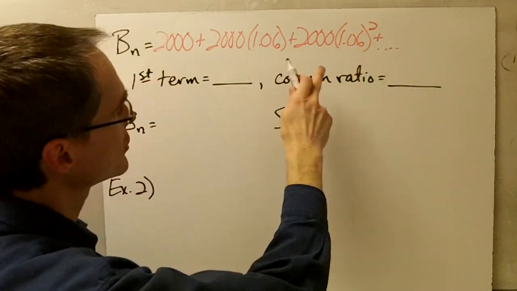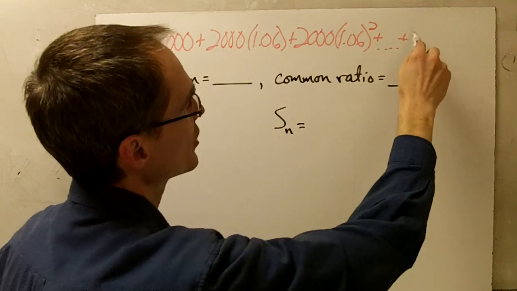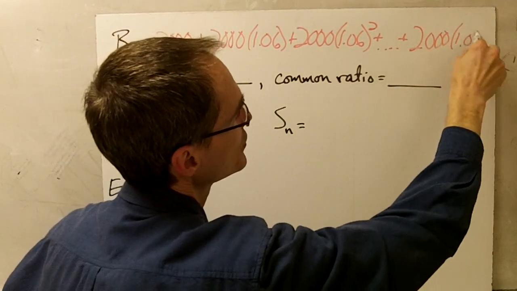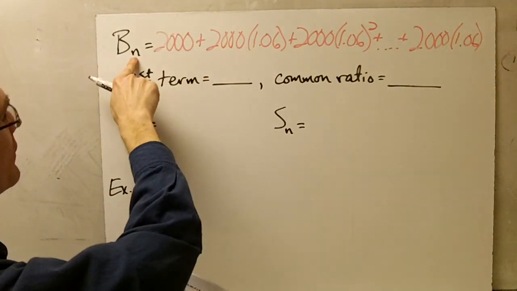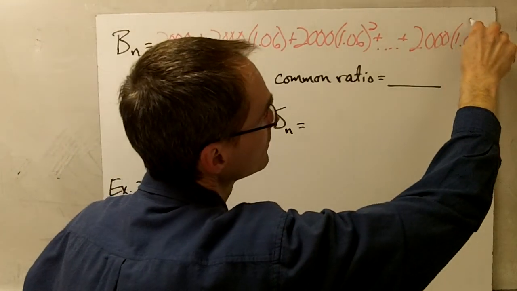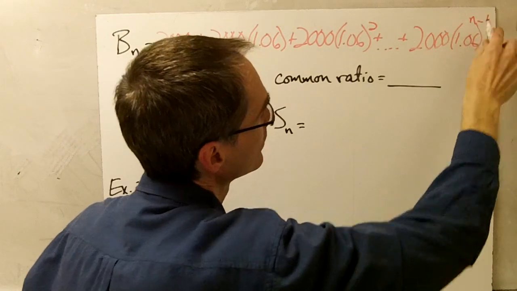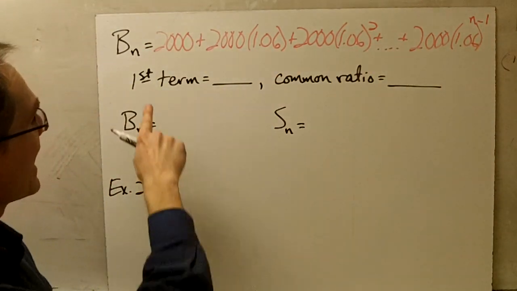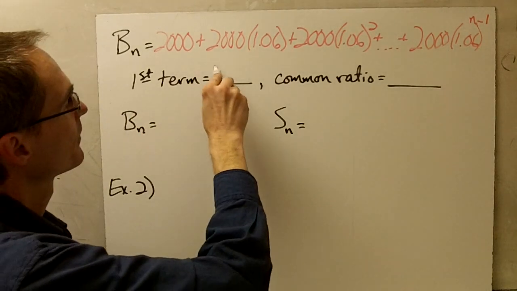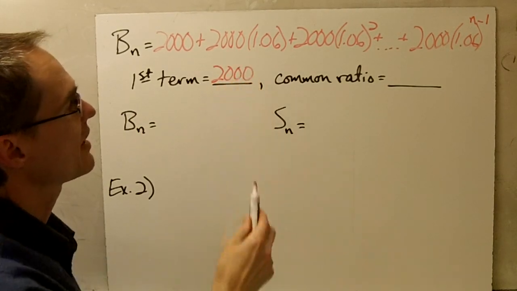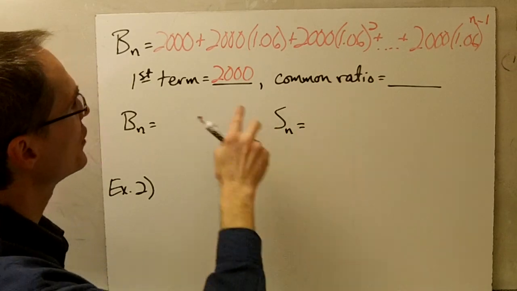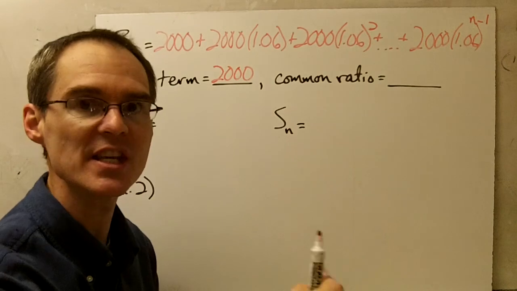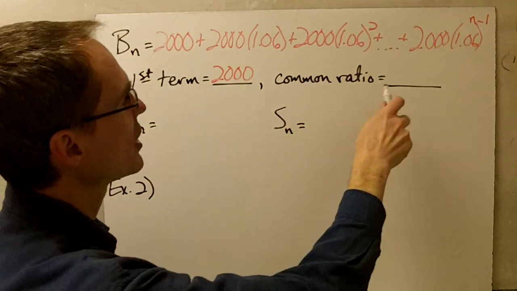And then I'm going to keep adding terms, and my last term is just going to be 2,000 times 1.06 to the power of n minus 1. So that would be my general formula for this particular account. Notice my first term is 2,000, and my common ratio, that is the number that I'm multiplying my first term by to get each succeeding term, my common ratio is 1.06.